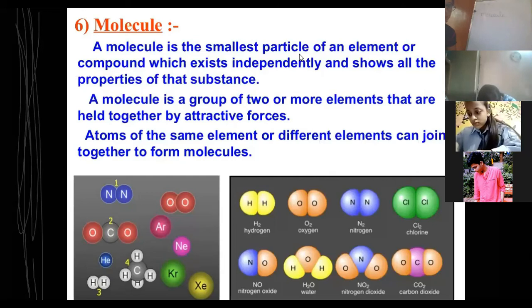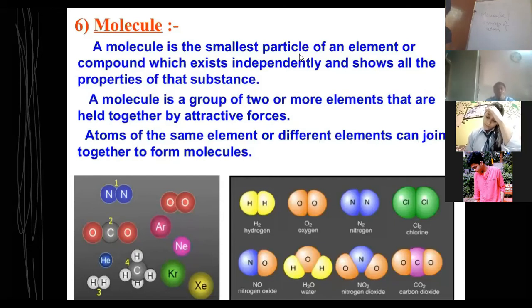So that's why I said that a molecule is the smallest particle, a group of two or more atoms. In other words, a molecule is a group of two or more atoms which are held together strongly by attractive forces.